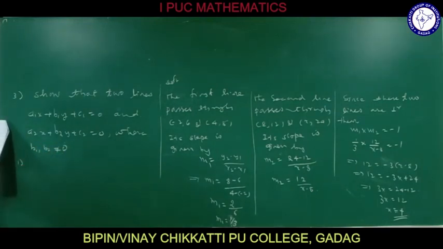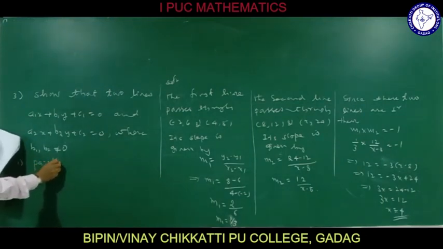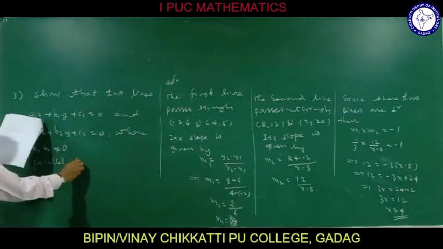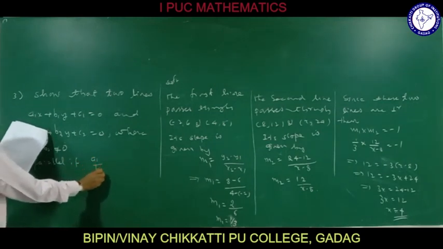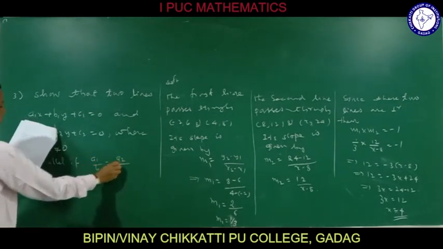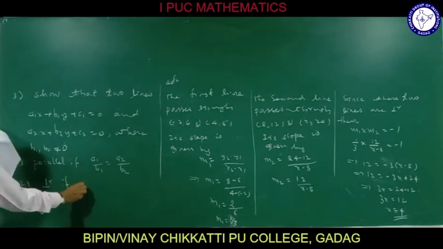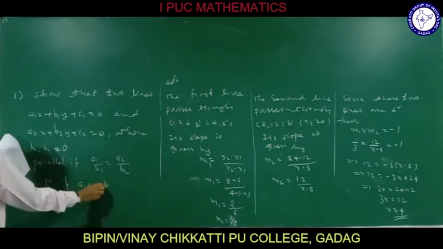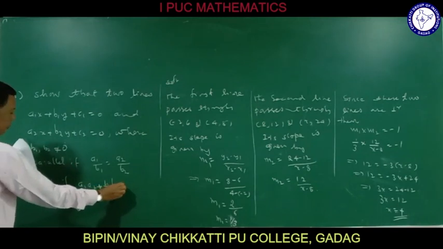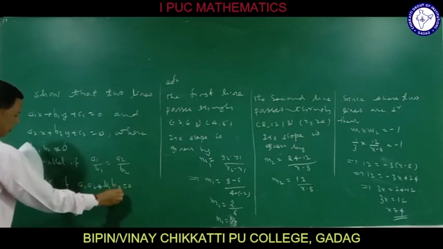are first, parallel if a1 by b1 is equal to a2 by b2, and second, perpendicular if a1 a2 plus b1 b2 is equal to 0.